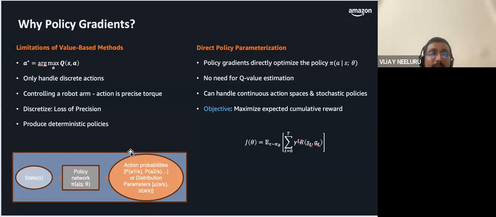The policy network parameters, defined as theta, are found by maximizing the expected cumulative reward. So let's define J of theta. J of theta defines the objective function, which represents the expected total discounted return by following the policy pi of theta. And we are searching for the policy parameters theta that maximize this objective function.